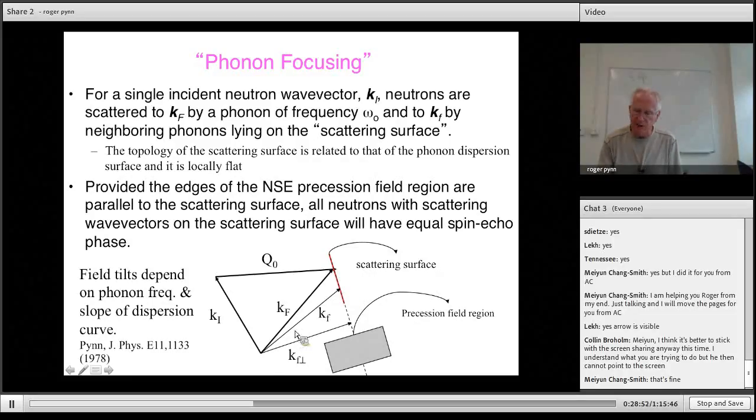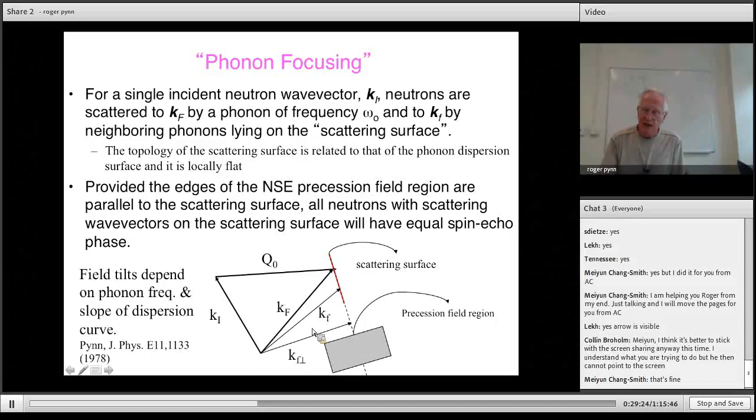And you can see that if the values of Kf lie along this red line here, for scattering from the phonon, then you're going to have the same spin echo phase, because the only component of the wave vector that you're encoding is the component that's perpendicular to the boundaries.